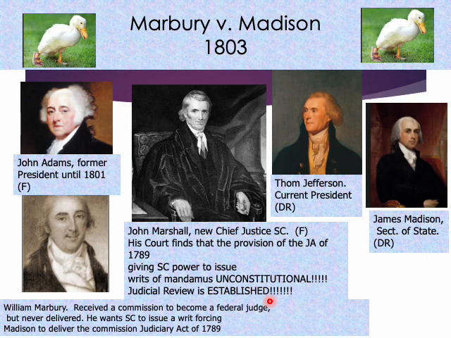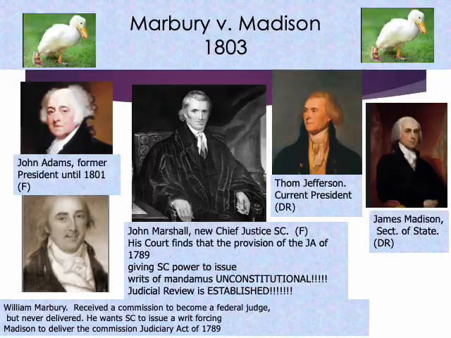So he said that provision that gives the Supreme Court the power to issue writs of mandamus is unconstitutional. And as such, that provision of the law is null and void. And too bad for William Marbury, because he never got that commission. But that is the moment where the power of judicial review is born.